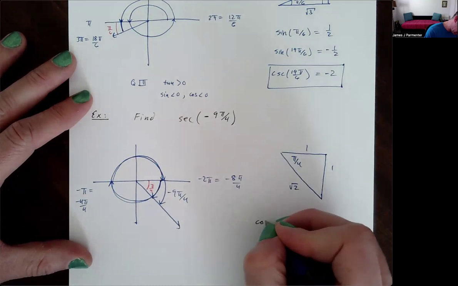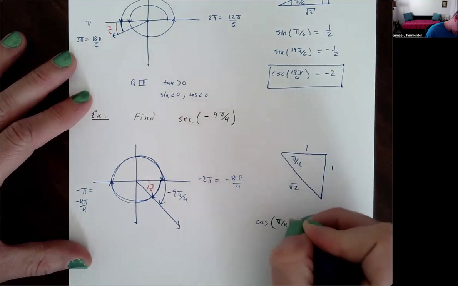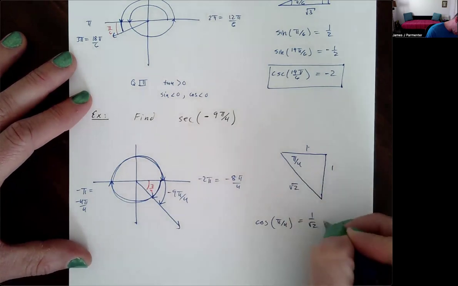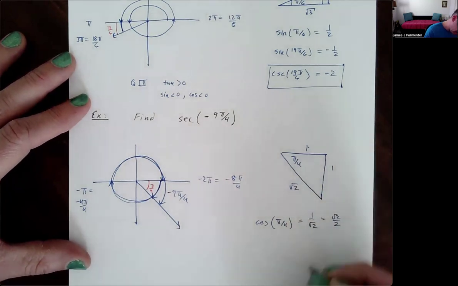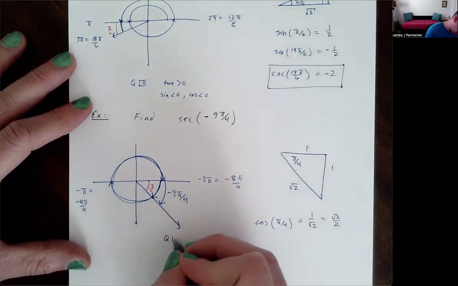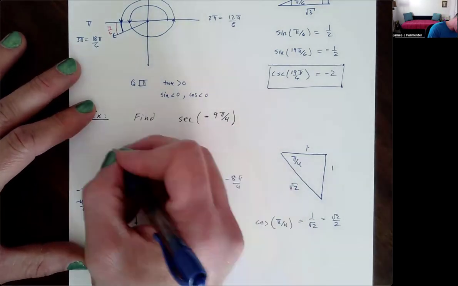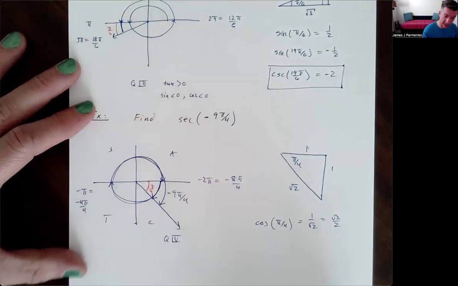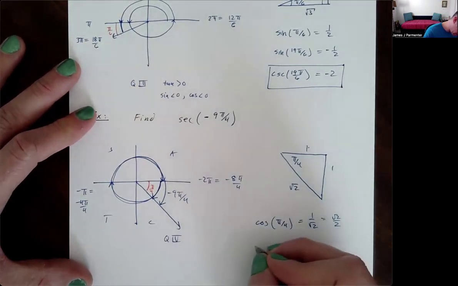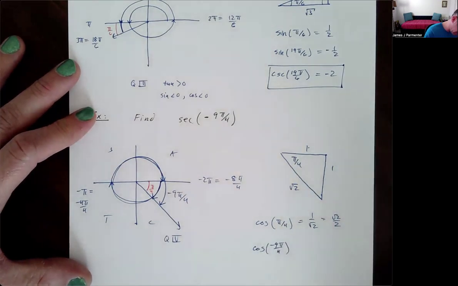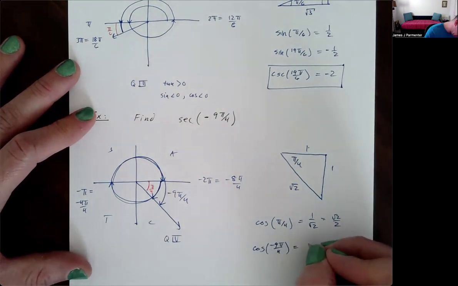I know that cosine of pi over 4 is adjacent over hypotenuse, which is 1 over root 2, or root 2 over 2. In quadrant 4 over here, I know that cosine is still positive, right? Again, all students take calculus. Cosine is positive in quadrant 4. So cosine of negative 9 pi over 4, which does land us in quadrant 4, is still positive root 2 over 2.